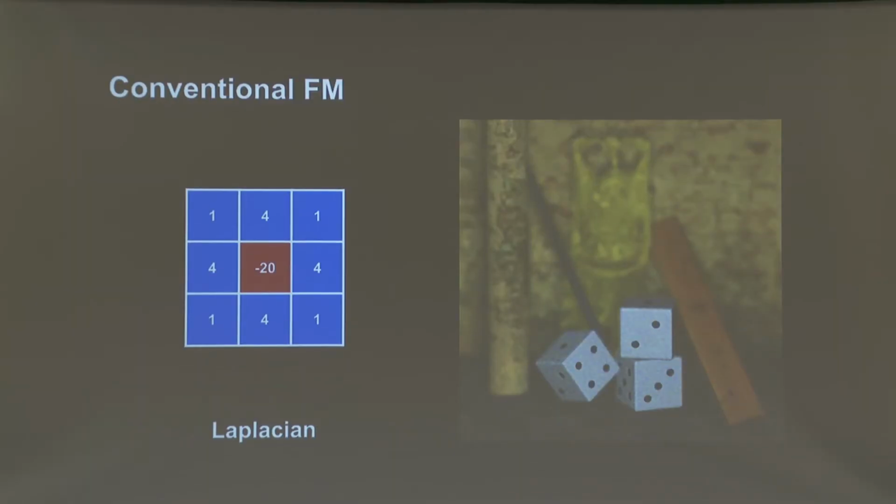This is the most common gradient estimator, the Laplacian filter. And what we did is create the filter on the right, the RDF, which looks like a donut with a little center. So when you look at a conventional Laplacian filter, what it does is actually measure the gradient between the center pixel and the pixels right around it.